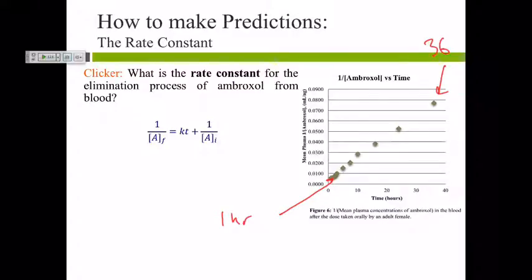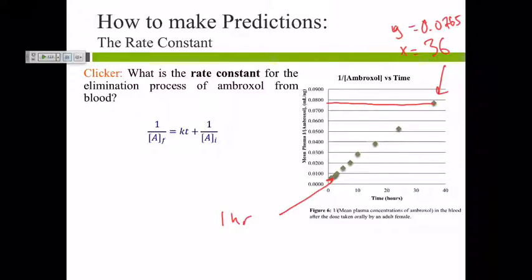So the slope should be, what is the x value in that top right? And the y? Somewhere around 0.07 something. 7 what? 6.5, I think. I think it was a bit higher. It looks like on that one it was.